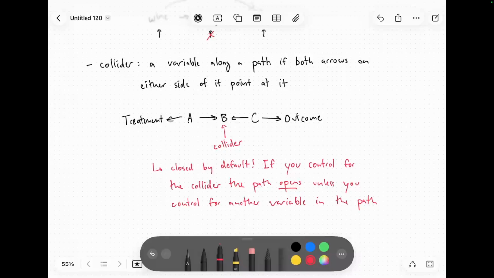So we'll end here for today, and next class we will introduce a bunch of different ways that people think about closing paths and allowing you to determine causality. Okay? Great. That's it for today.